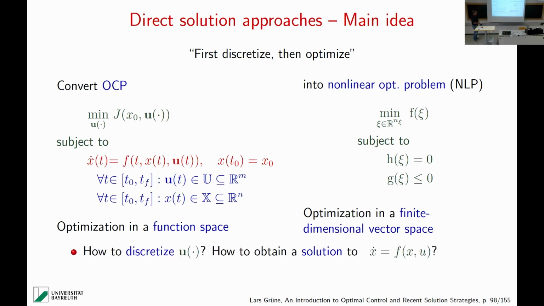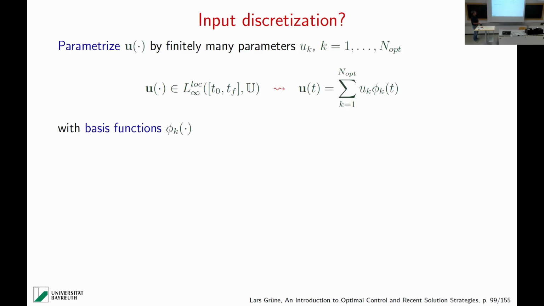So, how to discretize U, how to obtain a solution. That's the classical numerical analysis idea. If we're looking for some unknown function, we approximate it by a linear combination of finitely many basis functions, and look for a solution in this reduced space that is spanned by all functions of this form.